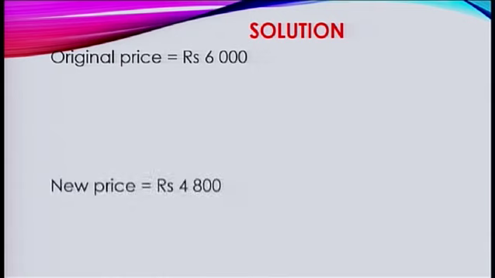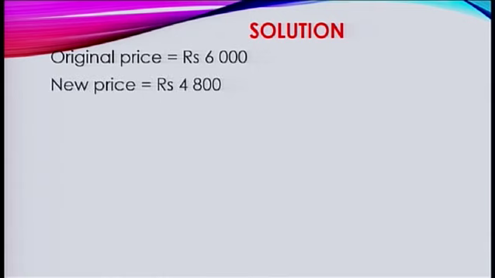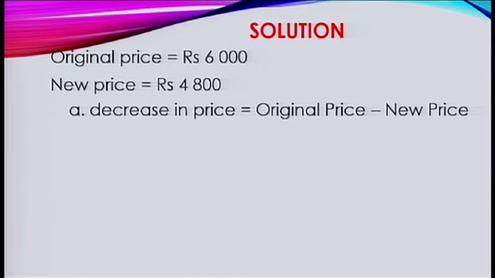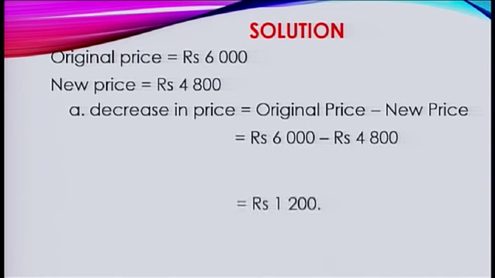Okay? The new price is 4,800. So to find the decrease in the price, that's simple. It's simply original price minus the new price. That is 6,000 rupees minus 4,800 rupees. You will get 1,200 rupees.